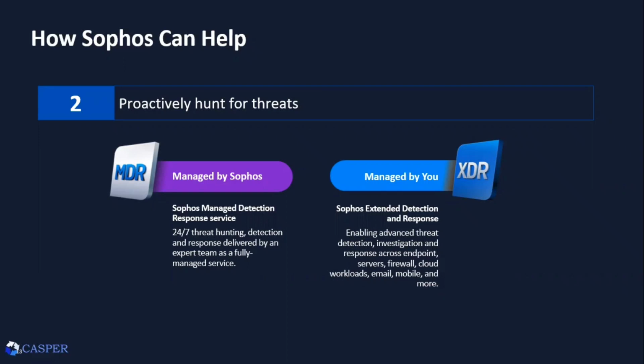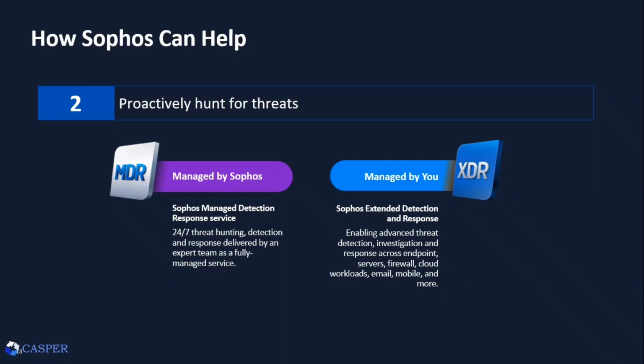Now, the Sophos XDR, this one is managed by you. The Sophos MDR is managed by Sophos, but Sophos XDR is managed by you. What the XDR does is let you investigate and detect threats using a threat graph, by searching for new threats and security weaknesses. You can also use it to monitor your devices and fix issues remotely, and everything is managed centrally.